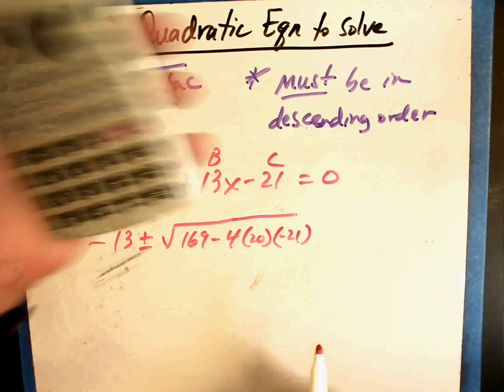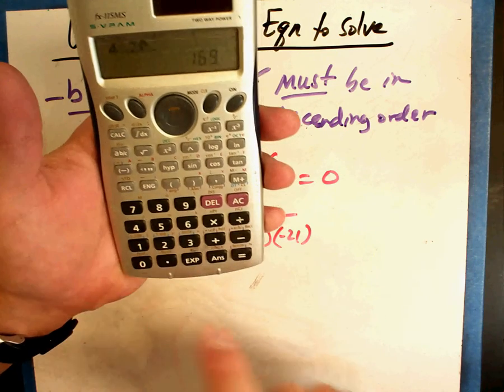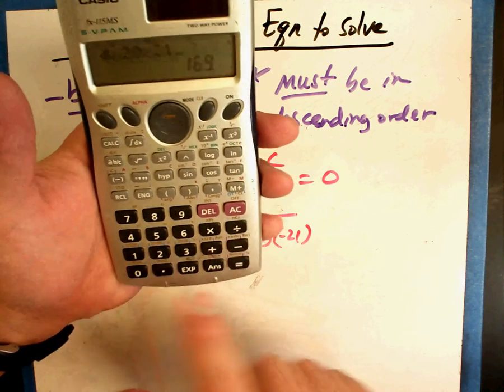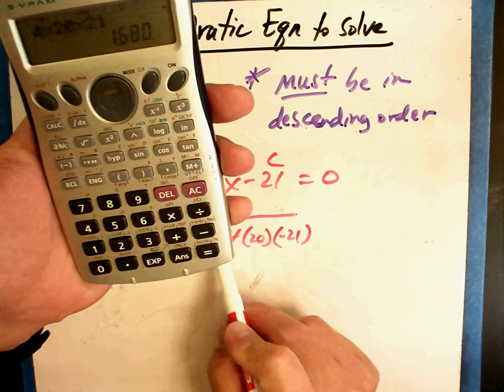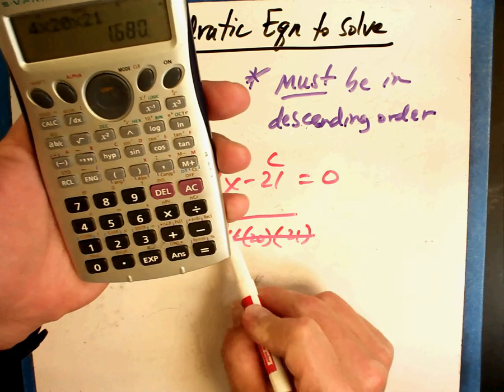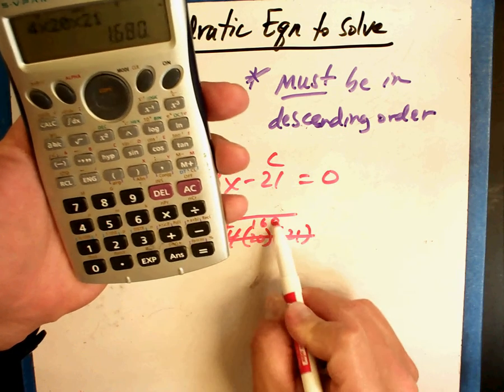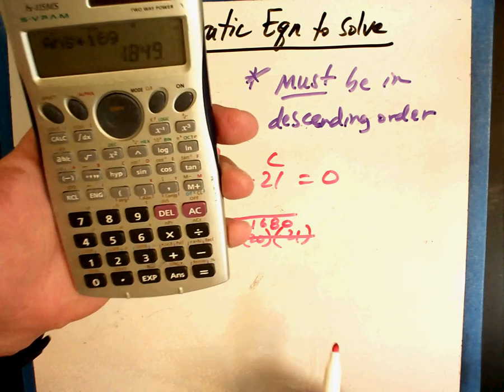So the number is going to get really big. So definitely this is one where you would have a calculator, but you would have to know the equation to plug it in. So that's 1680, and a minus is a plus. So this is a plus 1680. So added together, plus 169 equals 1849.